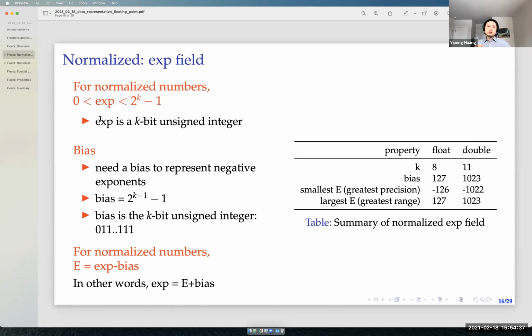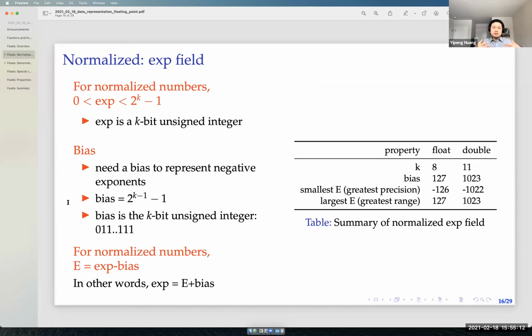Earlier, someone asked, but wait, what if we need to encode negative exponents? A negative exponent would be needed if we have to represent something like 1/2, 0.5, because the number is a fraction of 1. To be able to encode negative exponents, we introduce a number called a bias.